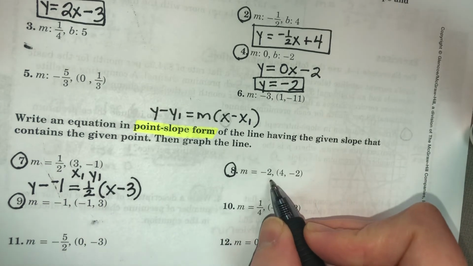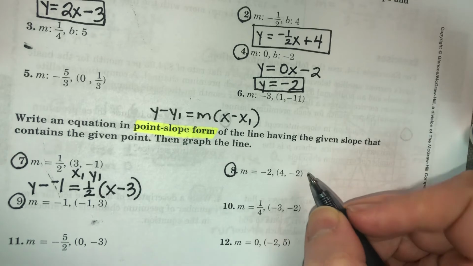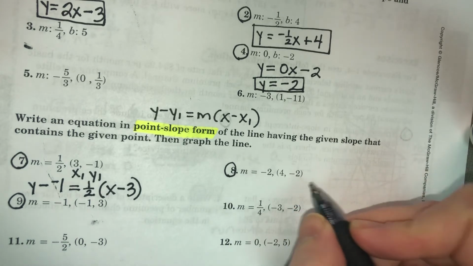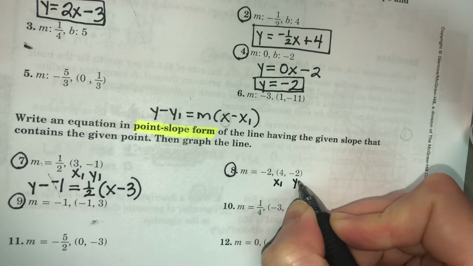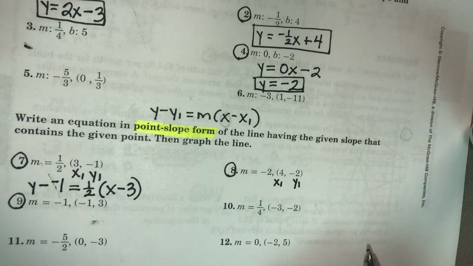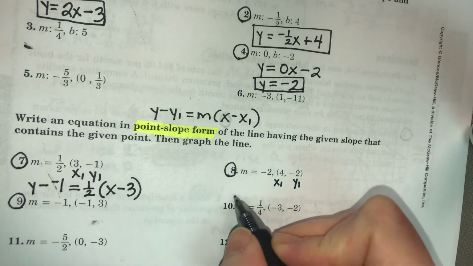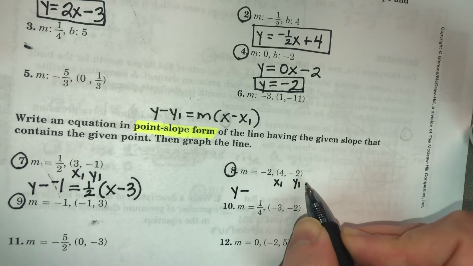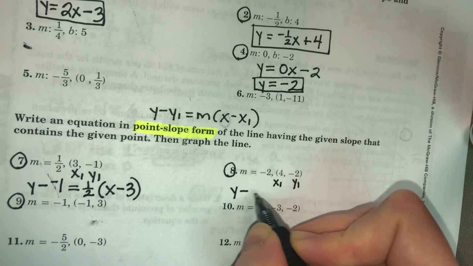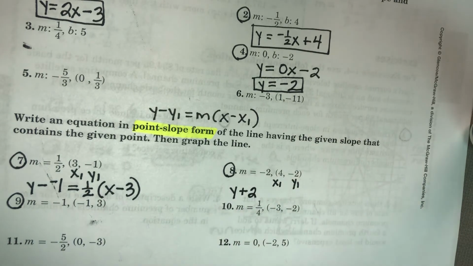The slope is -2, and here's our point for -2. We're going to say x1 is 4 and y1 is -2, and put the values into the formula. So y minus y1, which is -2. I could put -2 or I could put +2.